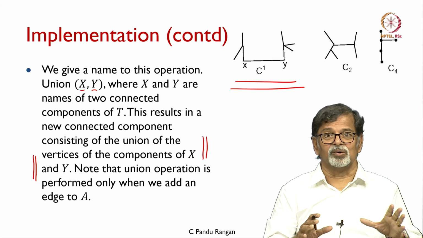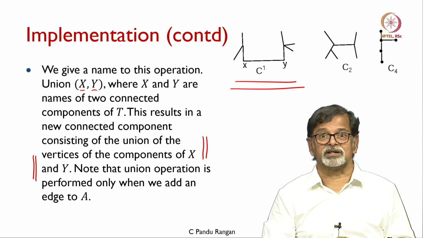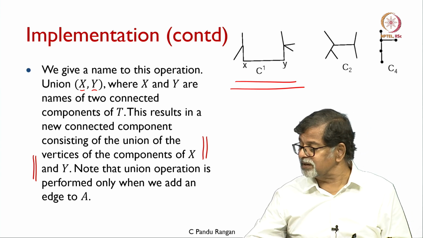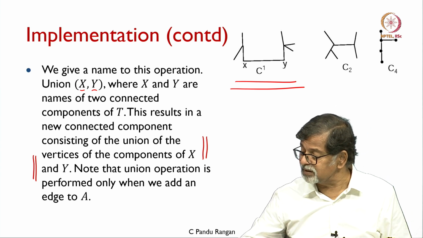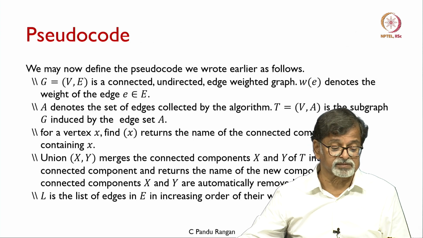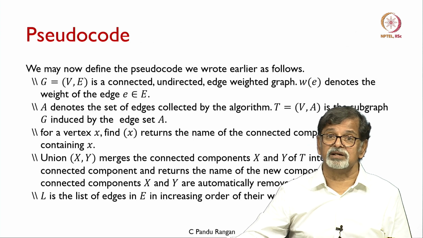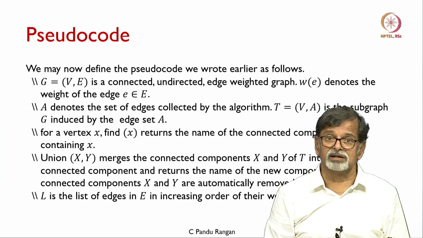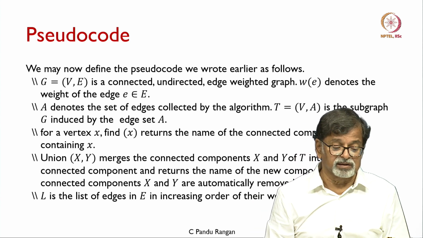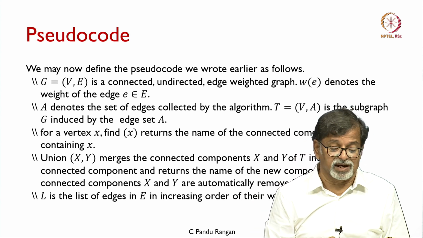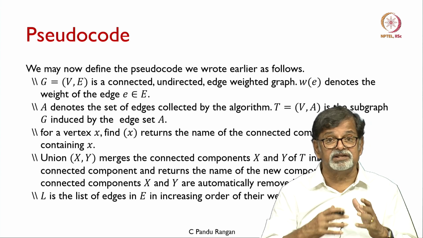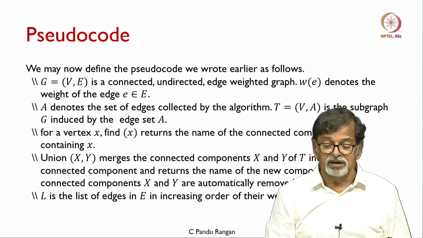Now, armed with these two operations, we can rephrase the pseudocode that we specified earlier. Here is the refinement of the algorithm we have seen at a very high level. G is a connected undirected edge-weighted graph. A is the set of edges collected by the algorithm.